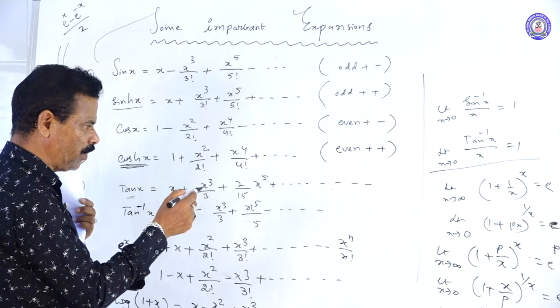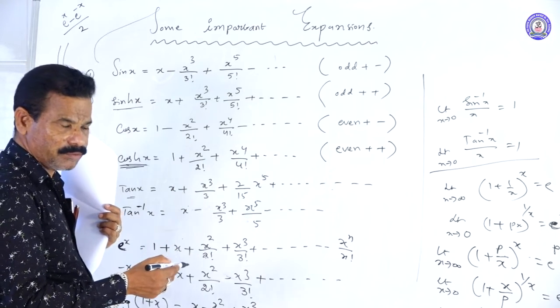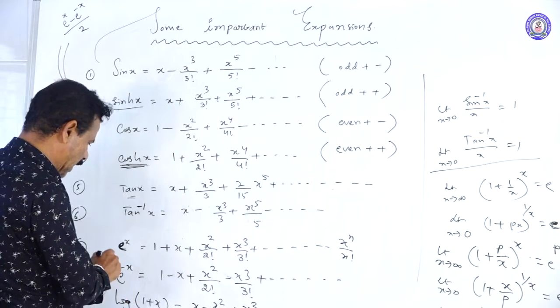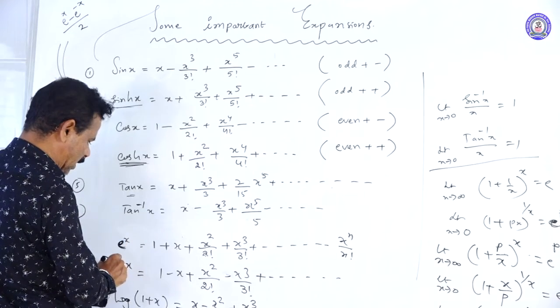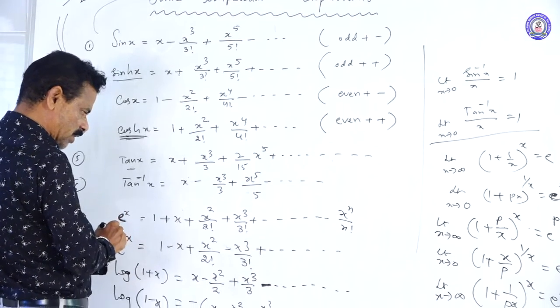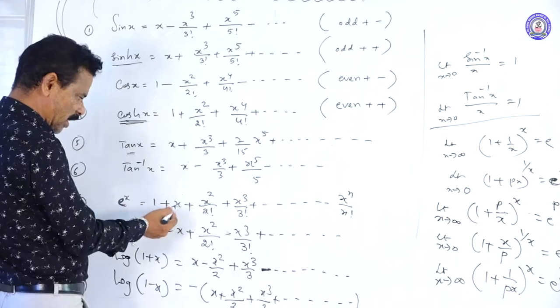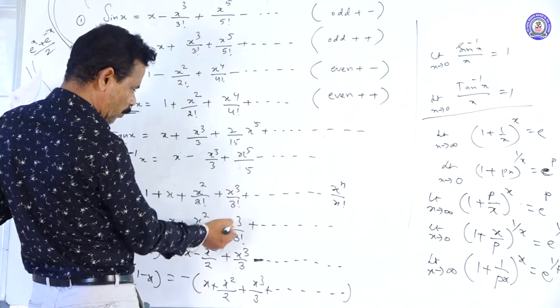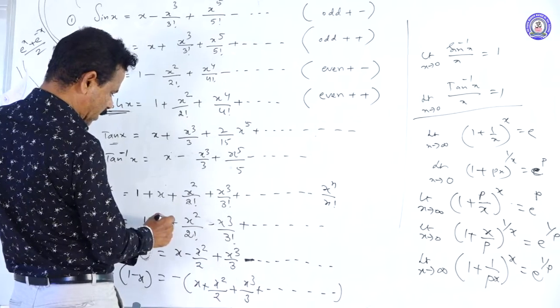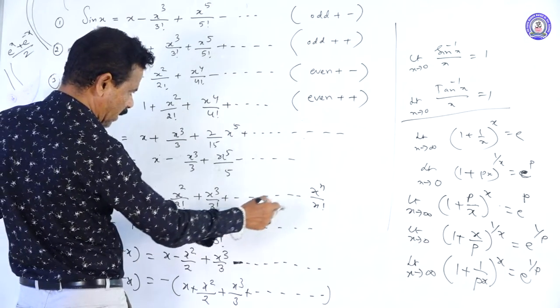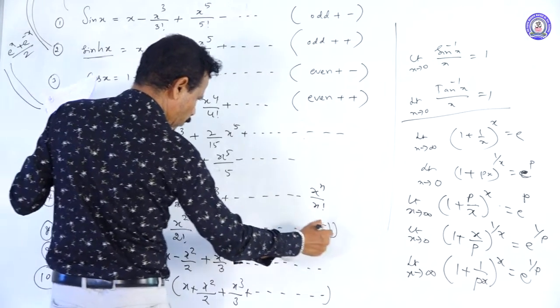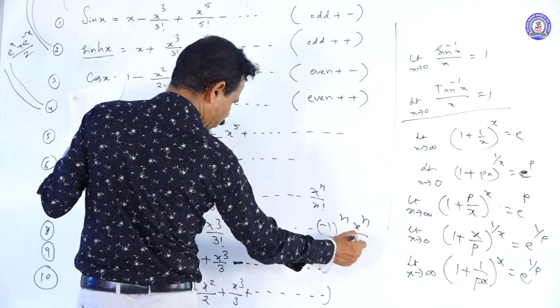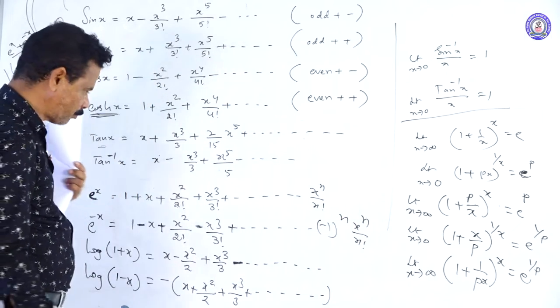Sigma x to the power of n by n factorial. Here e power of minus x: instead of x put minus x, so we get minus x whole square plus x square, then minus x whole cube, which is minus. So plus and minus come alternately. So minus 1 power of n, x power of n by n factorial, is the nth term.